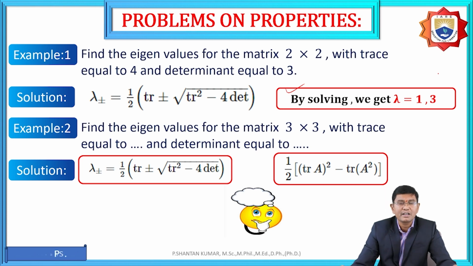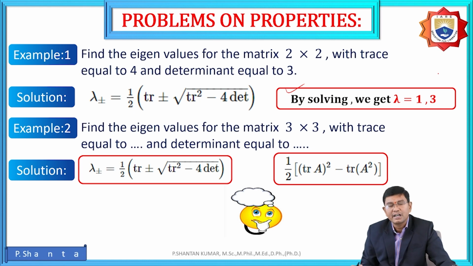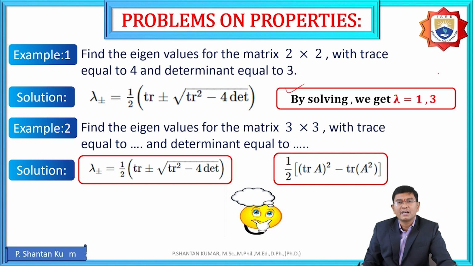Such properties we need to remember to solve problems easily, and cross verification is also possible without using the characteristic equation. That means determinant of A minus lambda I equal to 0 is not required; it depends on the given problem.